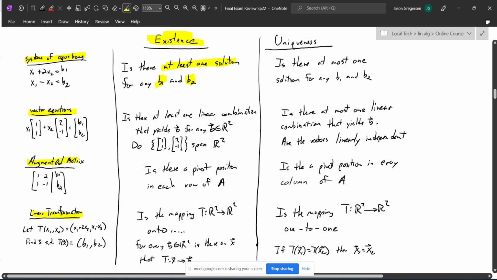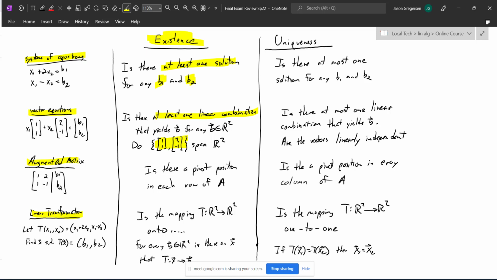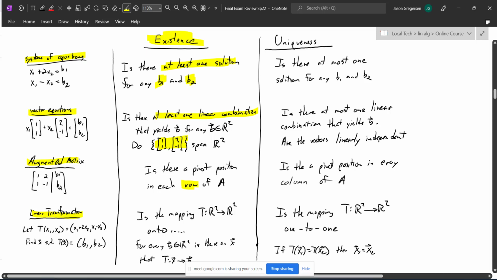But that's equivalent to saying that for the vector equation, these vectors span R2, or that there's at least one linear combination that yields b for any b in R2. So those two statements are the same. One way we can determine if this is true is if there's a pivot in every row of the matrix A. And then lastly, the associated linear transformation would be onto. So these are four different ways to say the same thing, that there always exists at least one solution.